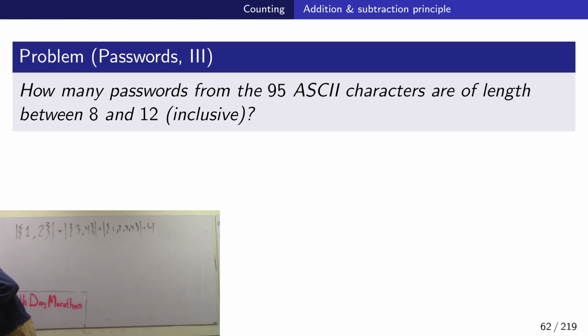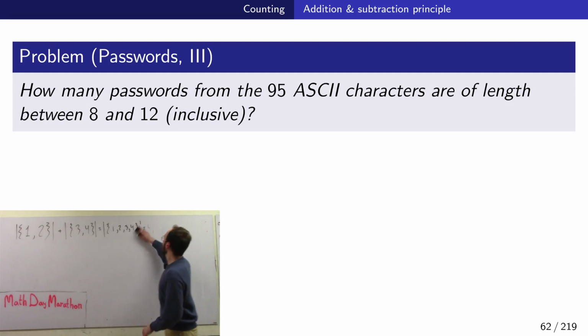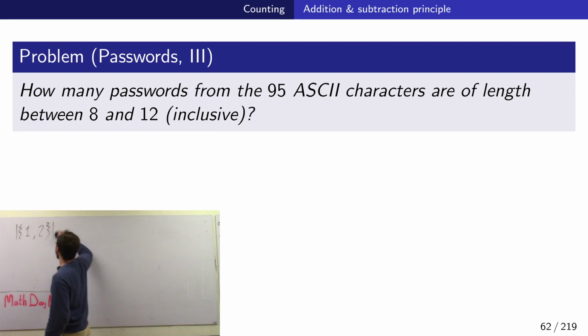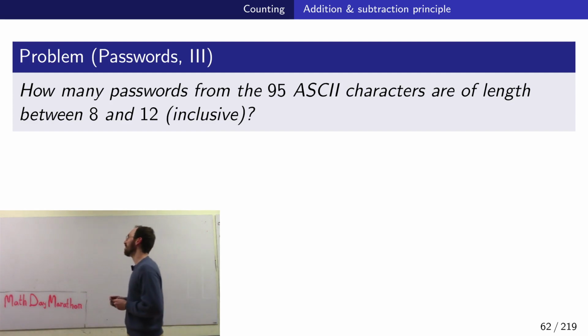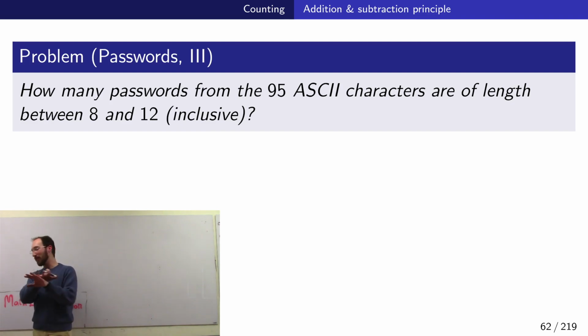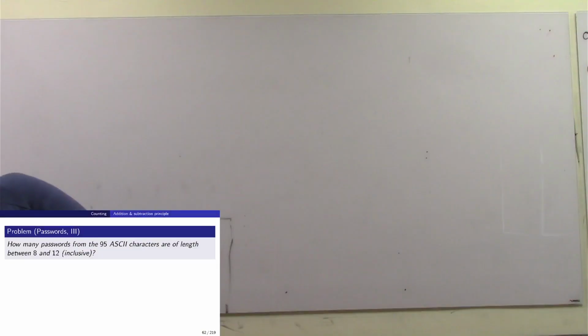To figure out this one, we note that if I have a code of a certain length, then it can't be a different length. So if I know how to count the number of a certain length, there won't be any mishmashing. We can add them up without any problem.